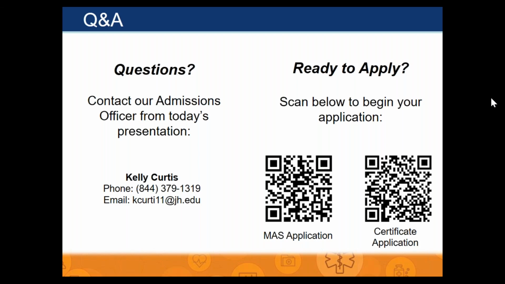We are looking for relevant, and I put that word relevant in quotes, relevant work experience. So ideally, we're looking for individuals that are sort of mid-career, or plus or minus, and so have at least 5 years of experience in healthcare. Part of that is really driven by the fact that this is a graduate program, so we do expect some baseline knowledge of the U.S. healthcare system, that you understand what value-based payment is, and understand who CMS is, and some of the terminology of the U.S. healthcare system.